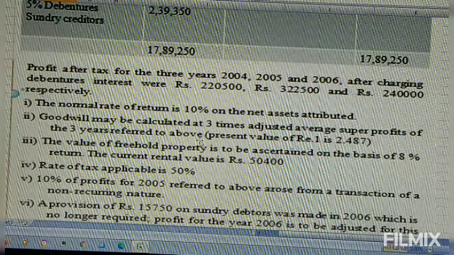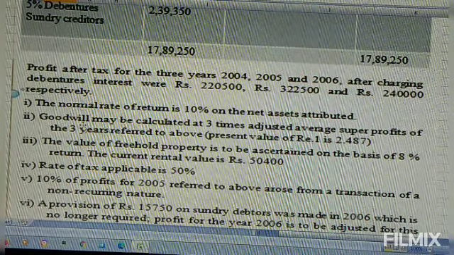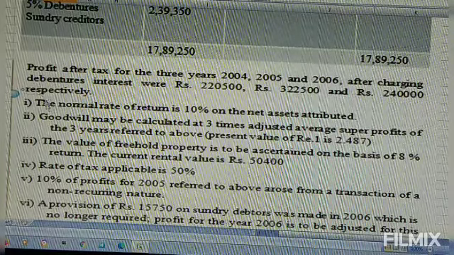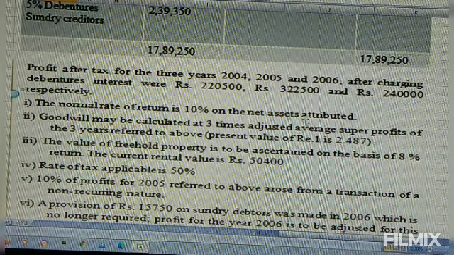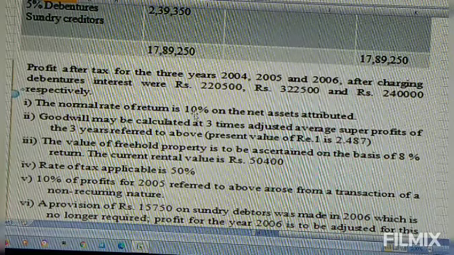Now we'll see other information. Point number 1: the normal rate of return is 10% on the net assets attributed. Normal rate means the existing rate.